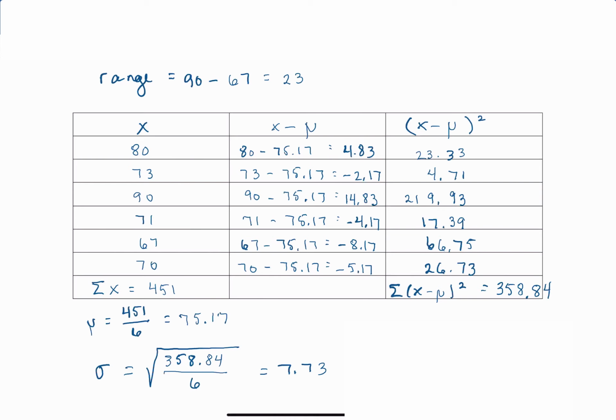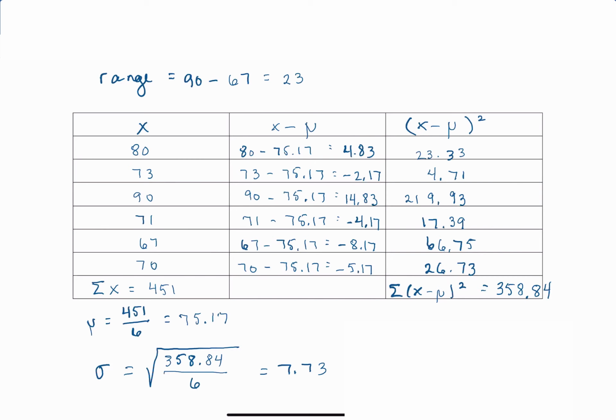numbers are. But basically, the range for the population data would be 90 minus 67, which is 23. Then we have our column of x's. Those should have added up to 451. So your mu would have been 75.17.